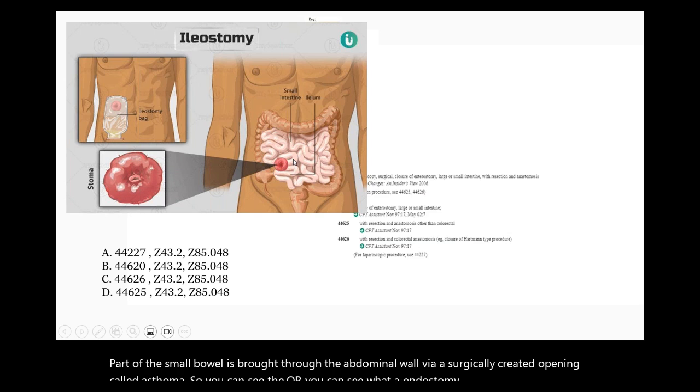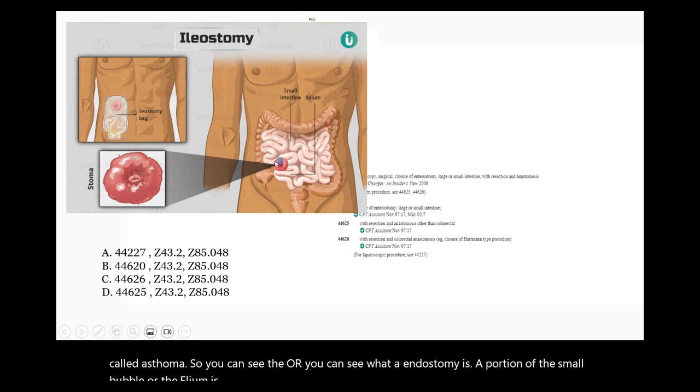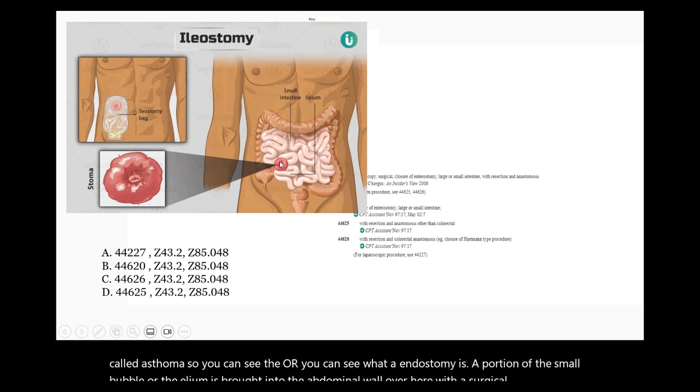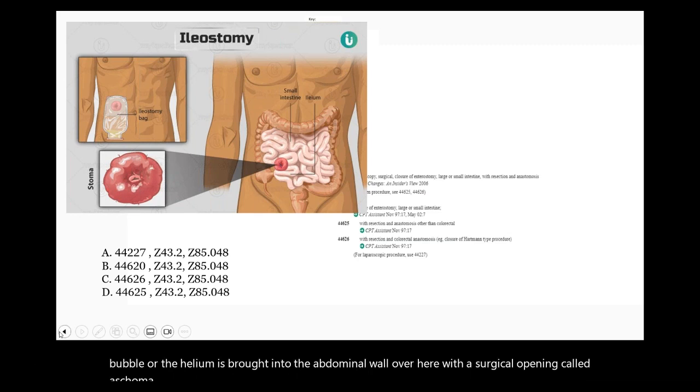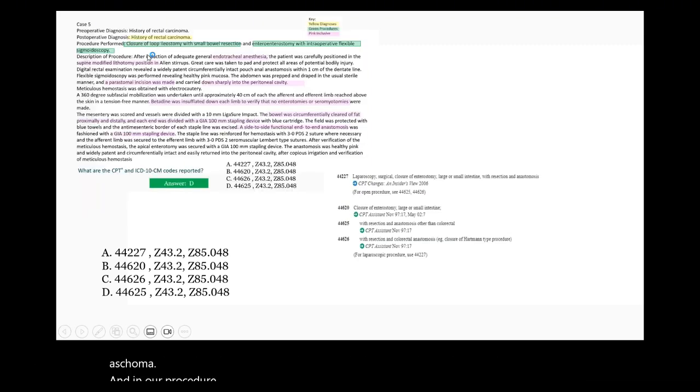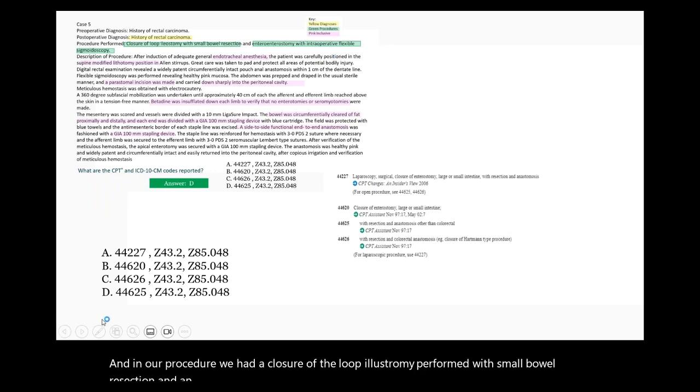A portion of the small bowel or the ileum is brought through the abdominal wall over here with a surgical opening called a stoma. And in our procedure, we had a closure of the loop ileostomy performed with small bowel resection and an enteroenterostomy as well. So what is an enteroenterostomy?